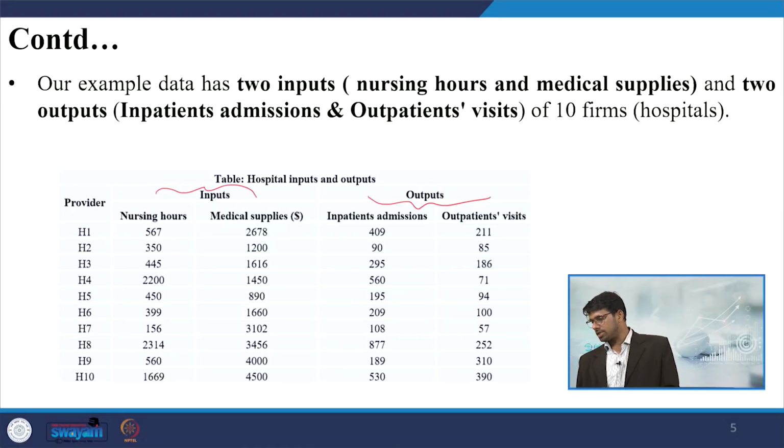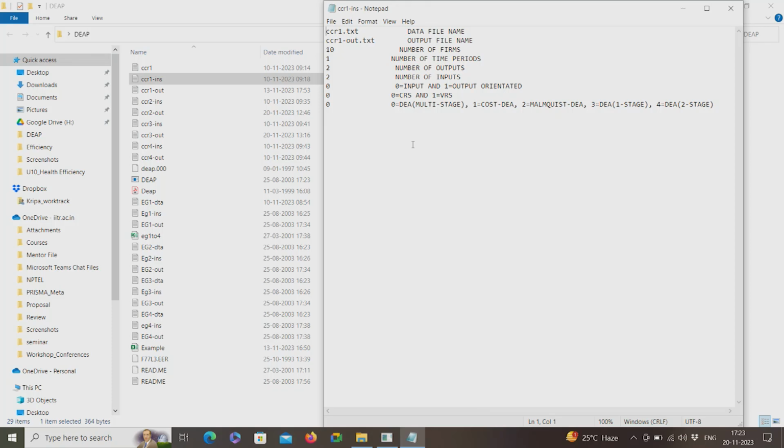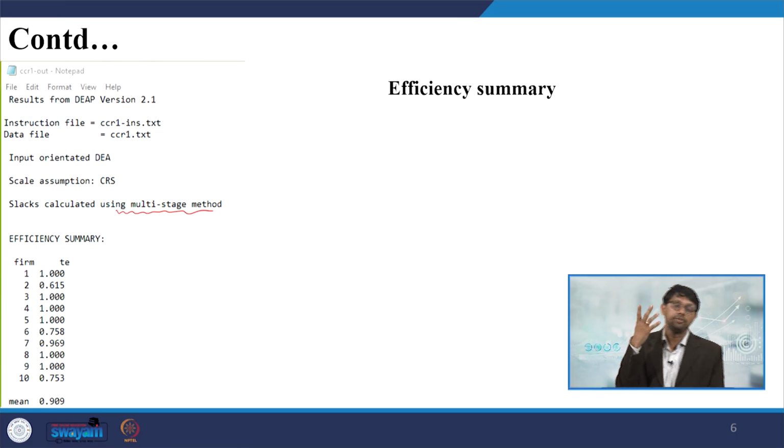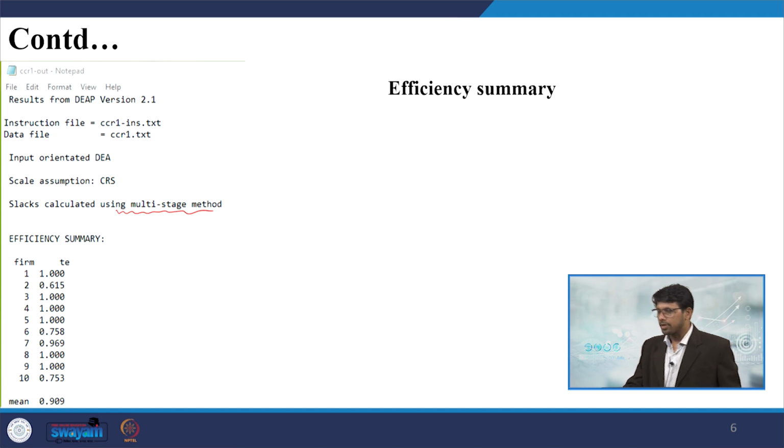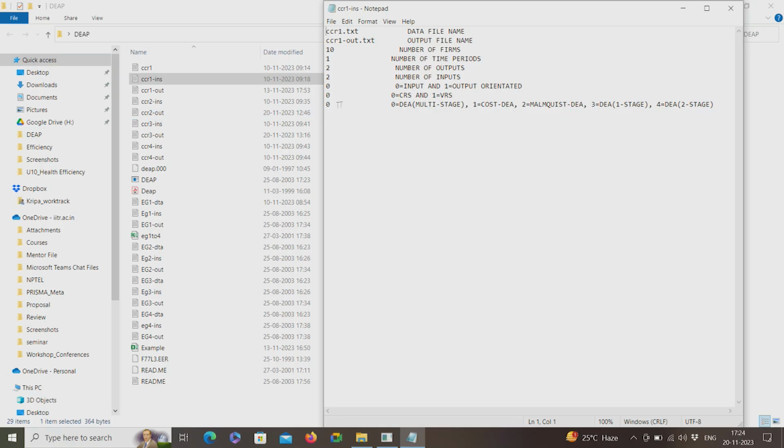CRS is also 0, and since it is a multi-stage DEA, we are capturing the slacks, as I have just mentioned. Why slacks? Because that optimizes, and accordingly we define Pareto optimality against the general efficiency scores. We will clarify this again through the result. The code is 0 since it is a basic DEA, but later on, if it is an output oriented model, we also require 2 stage frameworks.